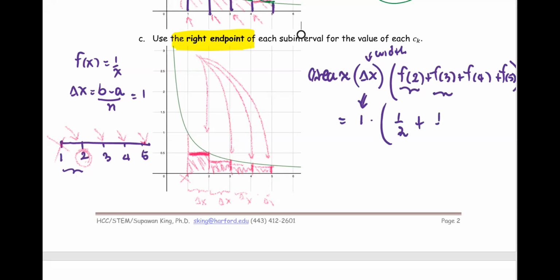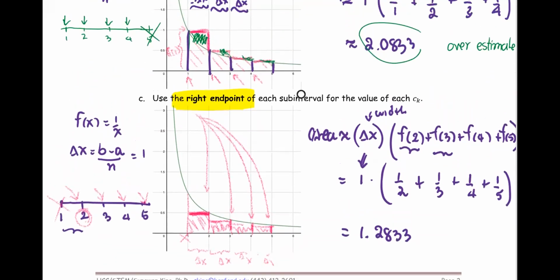Function at 3 is 1 over 3. And then 1 over 4, and then 1 over 5. And then we can compute the area by adding 1/2, 1/3, 1/4, and 1/5. And that will be 1.28 and 3 repeating.